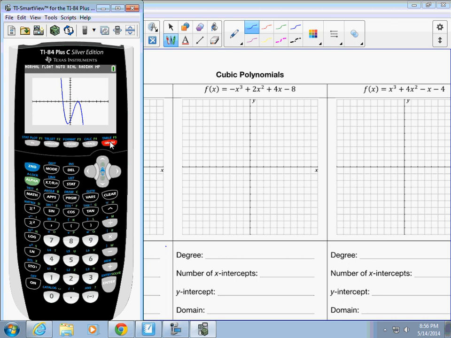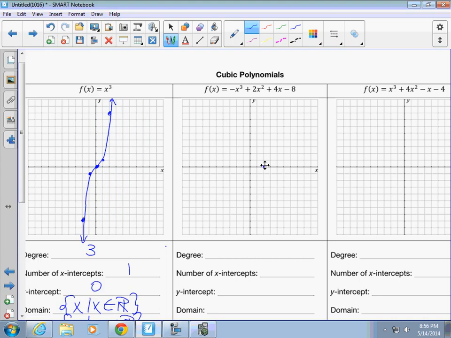So based on that information, I'll plot a couple of these points. So I was at -2 and 0, and my y-intercept was at -8, so 1, 2, 3 is right there. The other spot that it touched was here at 2, 0.